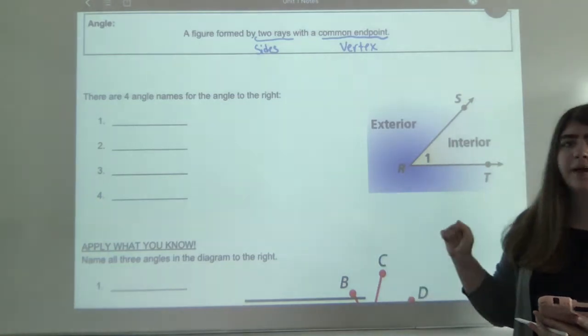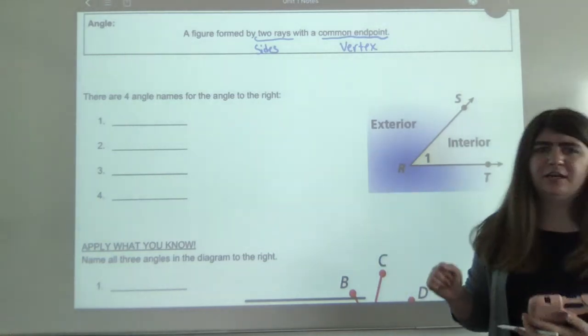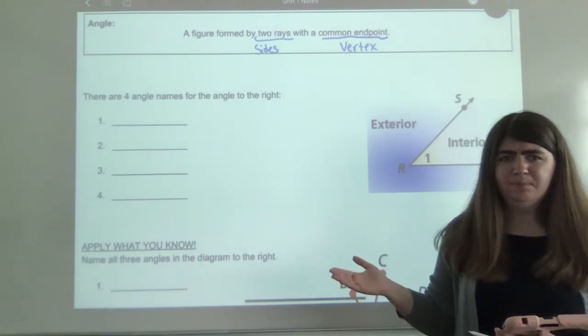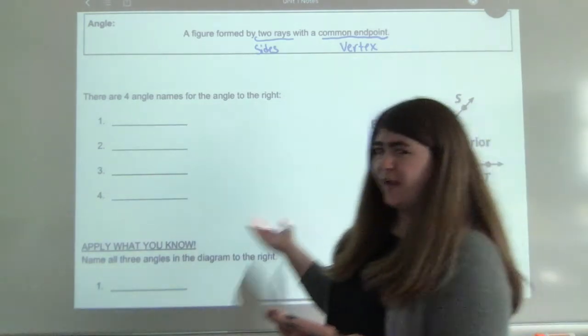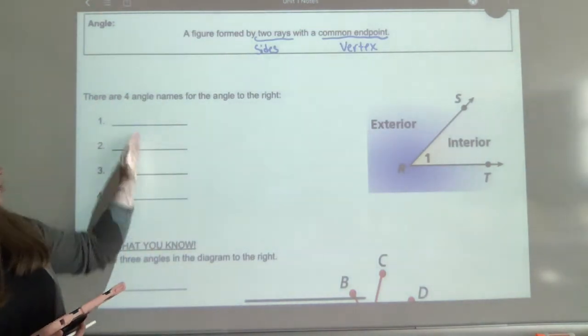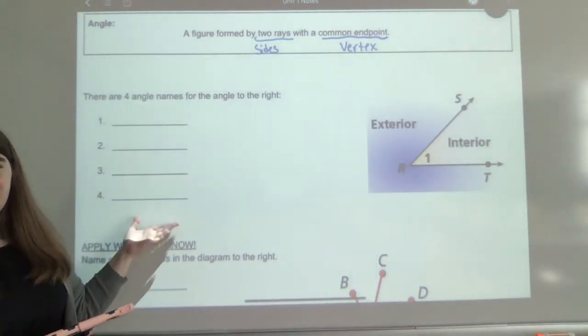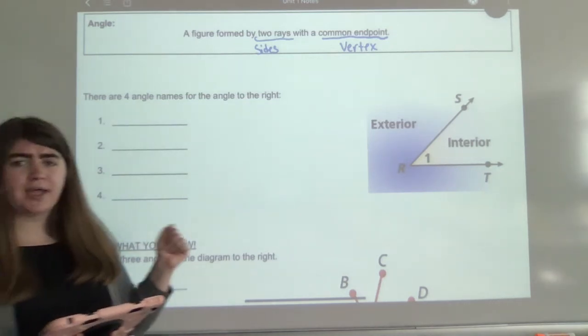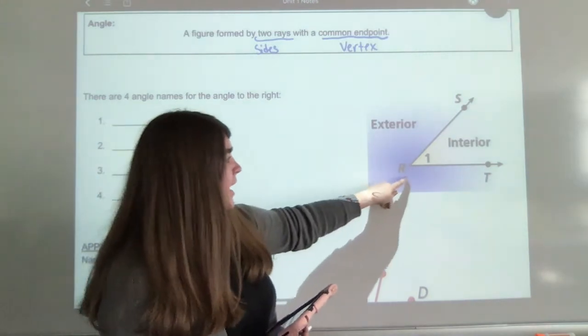Now that we've talked about what is an angle and the parts that make up an angle, we want to talk about how do we name an angle. Every angle has 3 different ways for how you can name it, which result in 4 different names for the angle in this situation. The first way to name an angle is with the endpoint.